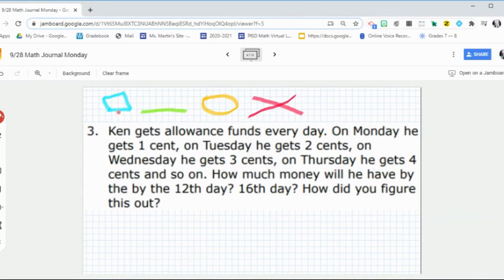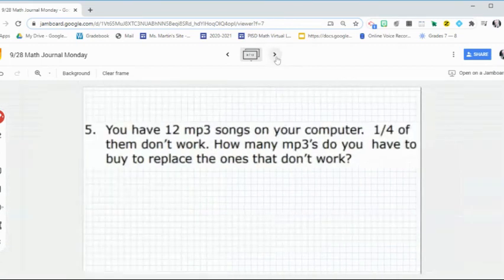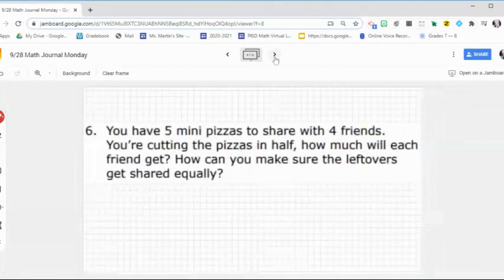Again, you are going to do all 4 steps of BUCK. Box, underline, circle, knock out. For question 3, and then up here, that's where you go to the next slide, 4, 5, and 6.